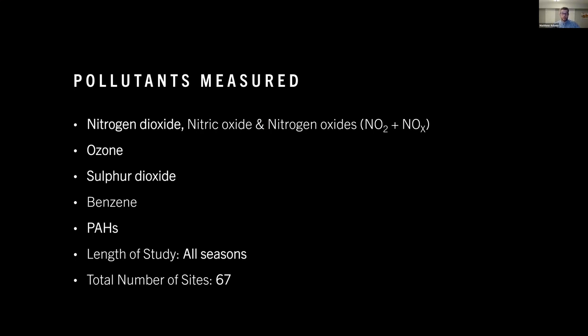So benzene, industrial pollutant, also a component of gasoline. And then PAHs are a host of these components or pollutants that are largely going to be associated with industry. What's unique in our study compared to most other studies that looked across space is we captured all seasons. So what's happening in the winter versus the spring, summer.